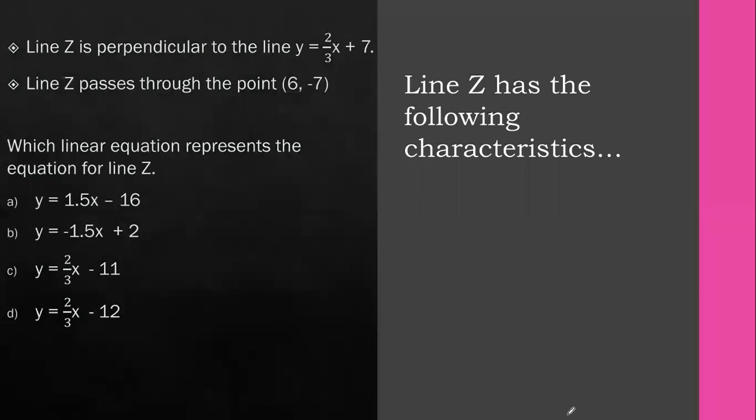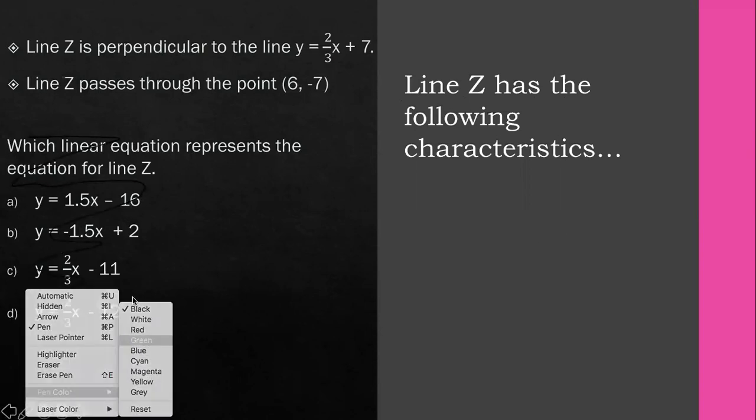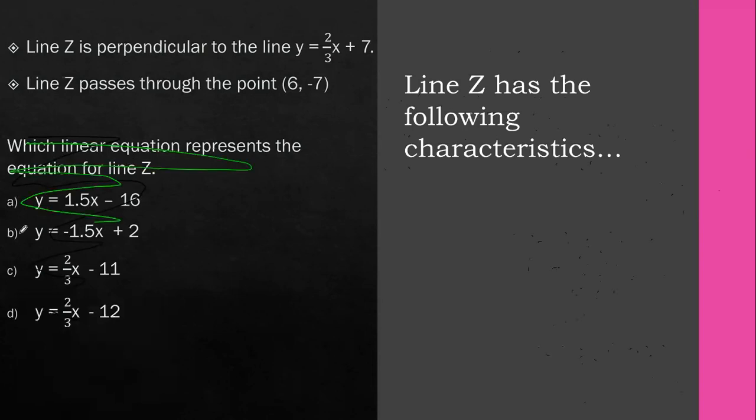All right, one last example, then we're done with notes. All right, again, I'm just gonna cross out the answer choices. We don't need them, because today's assignment, I don't think it's multiple choice at all.